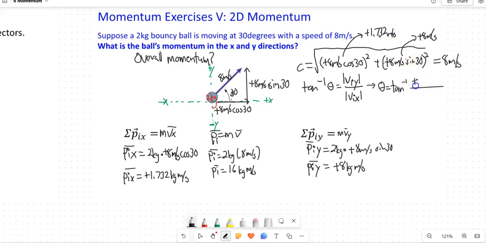So they would give you, it's traveling at 8 meters per second in the y direction upwards, and 1.732 meters per second in the positive x direction, right? And then you would calculate it this way. So this is how to do these type of problems. You're going to have to go back and forth, right? All right.